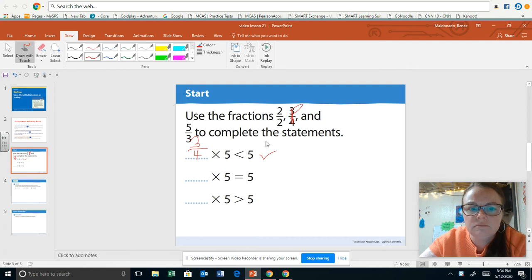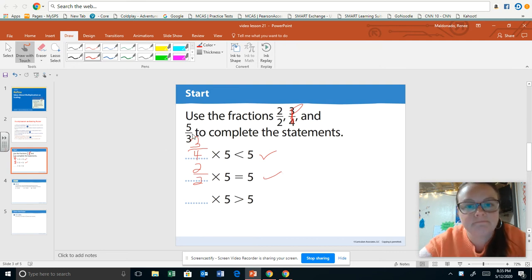Can you find it? That's correct. 2 halves. Remember, when your numerator and denominator are the same, it is equivalent to 1 whole. 2 halves would go here. That's like saying 1 whole times 5 equals 5. Boom.